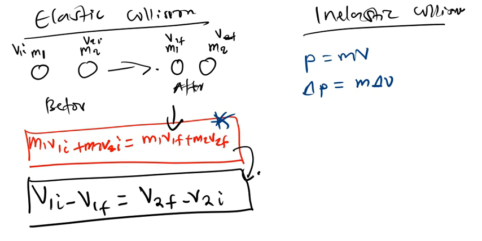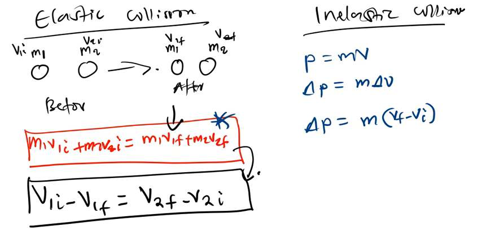When something is moving, it has mass and momentum, and at the same time it has kinetic energy because it changes the velocity. So the change in momentum can also be mass times the change in velocity, which is v final minus v initial.